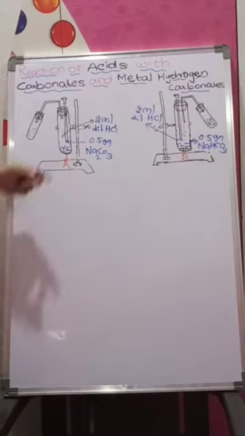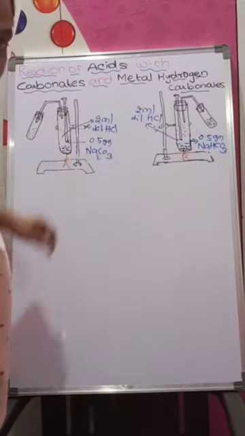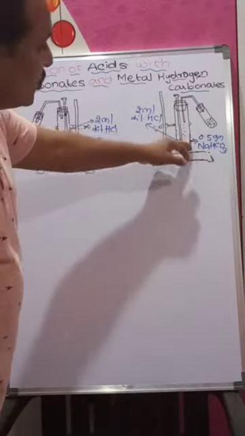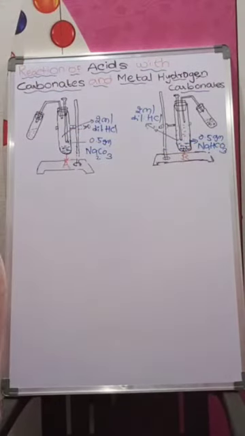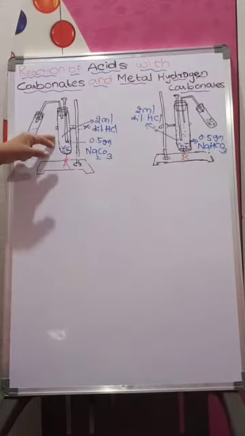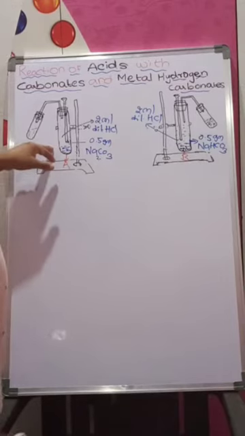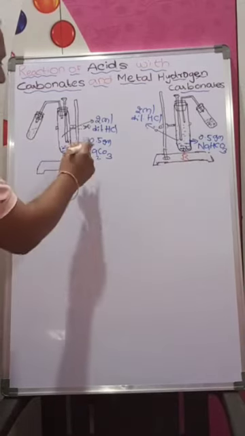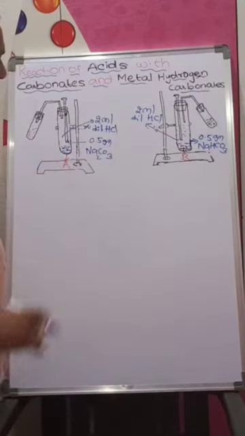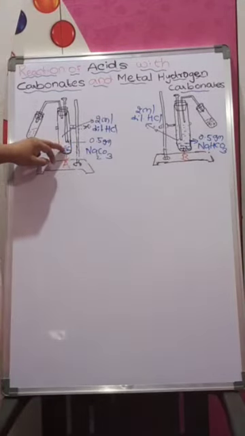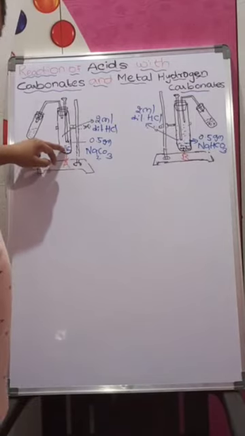After adding the dilute HCl to the sodium carbonate and sodium hydrogen carbonate, what will happen? Immediately the reaction will begin.